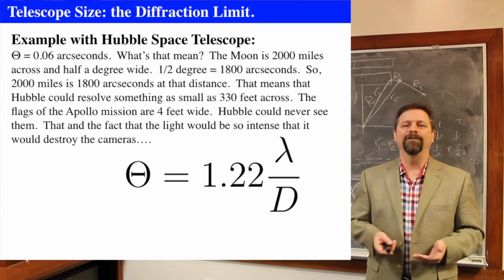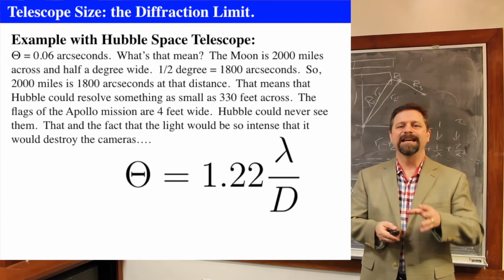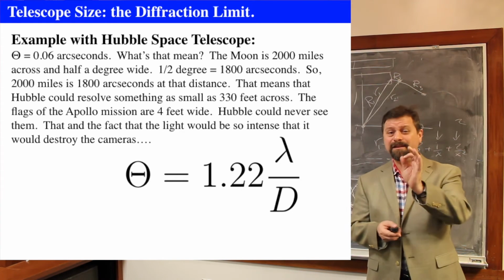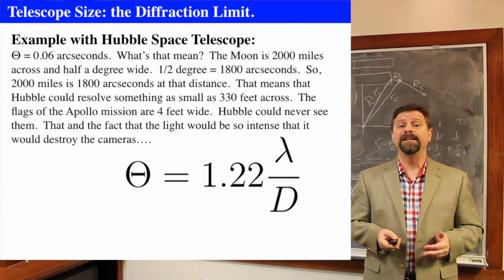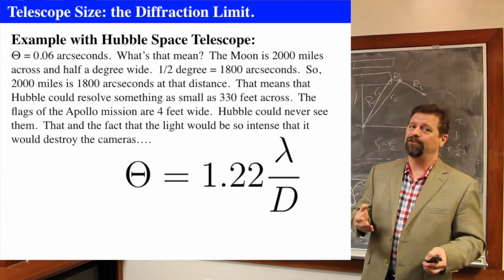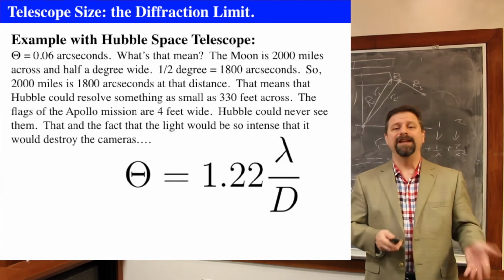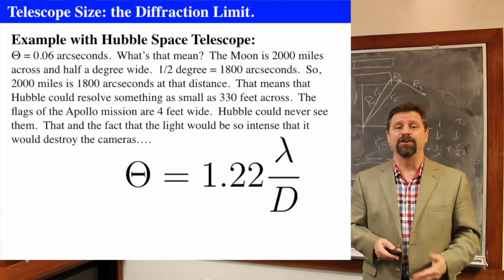Since it's 2,000 miles across in 1,800 arcseconds, the Hubble could, in theory, resolve something as small as about 330 feet apart because of the diffraction limit. The flags of the Apollo missions are about 4 or 5 feet wide, so we're never going to resolve the flags using the Hubble Space Telescope.